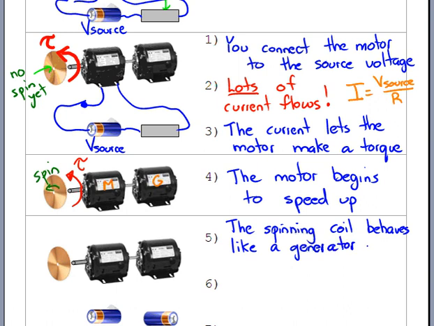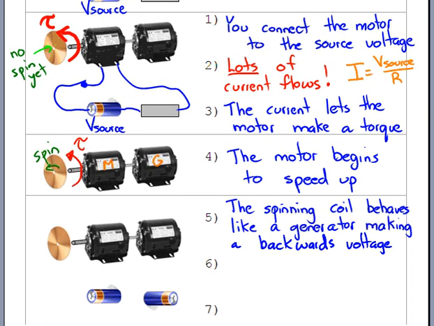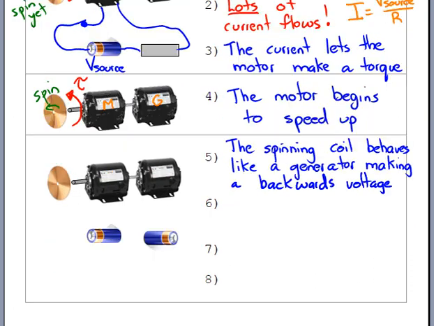And it makes a backwards voltage. We call it a back EMF. So let's kind of look at this pictorially here.